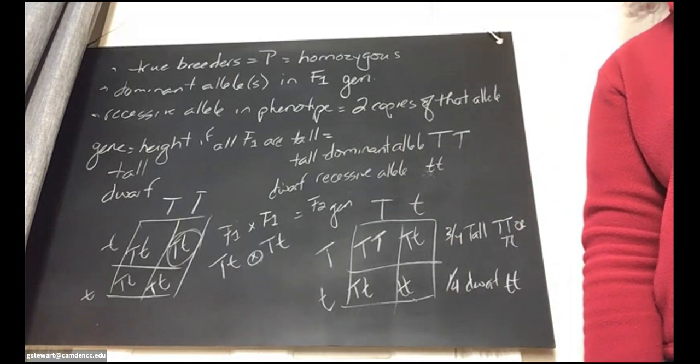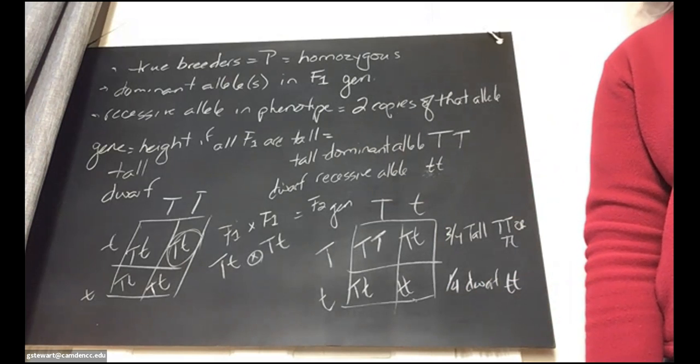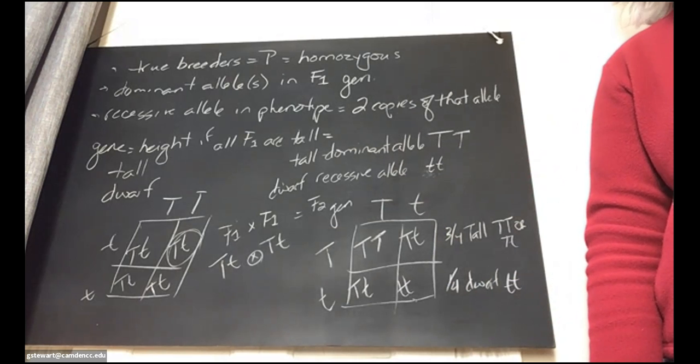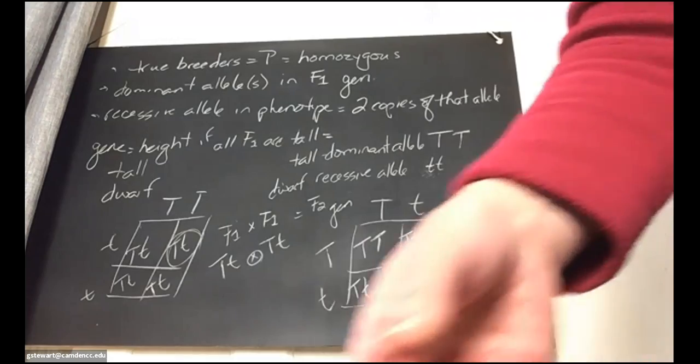It changes when you get to chapter 15 because they introduce fruit flies, and the designation in fruit flies is different. We use capitals and lowercase letters. However, in fruit flies, we also designate the wild type with that plus sign.